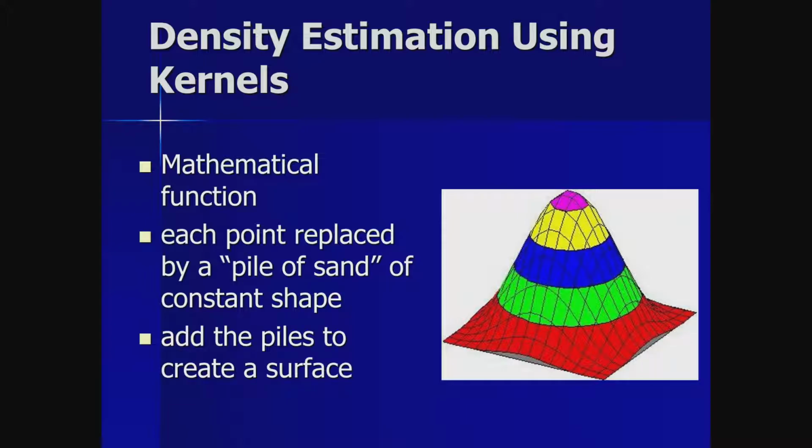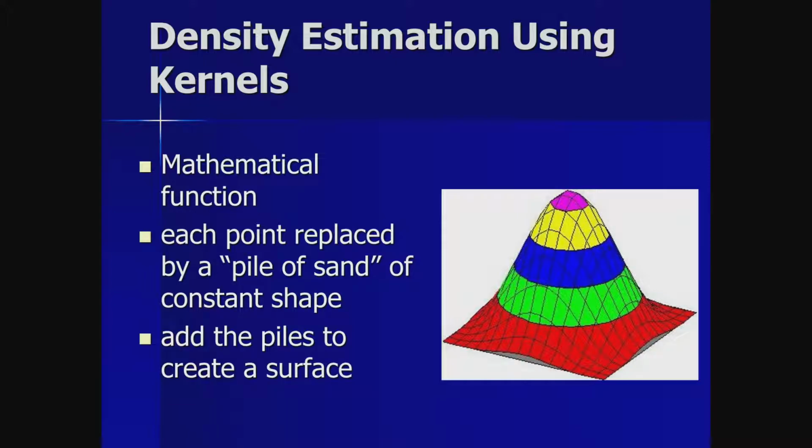So it's kind of like the area under this point is 1, and then all the areas are added up. Okay, so each point is replaced by, one way to think about it, a pile of sand. It's a consistent, constant shape. It looks like a bell-shaped curve, but in 3 dimensions. It's rotated about an axis. So it looks like a haystack or a pile of sand, whatever you want to call it.